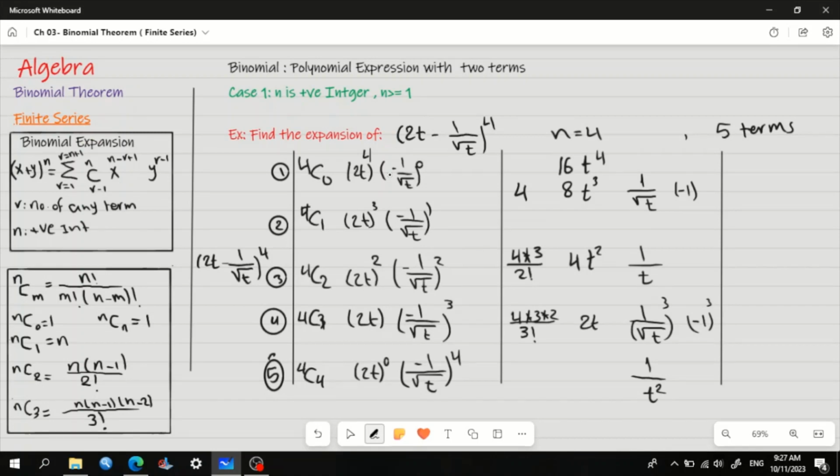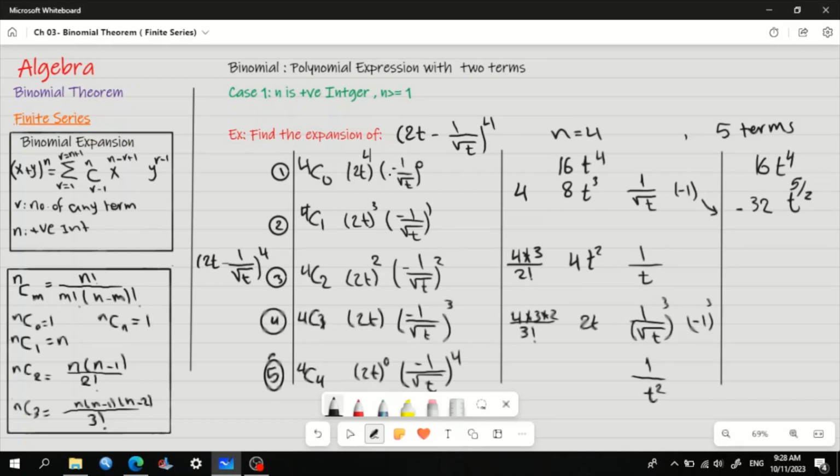Okay, let's write the final result. Here we have 16t to the power 4, then negative 32 t to the power 3, and here t to the power negative half.